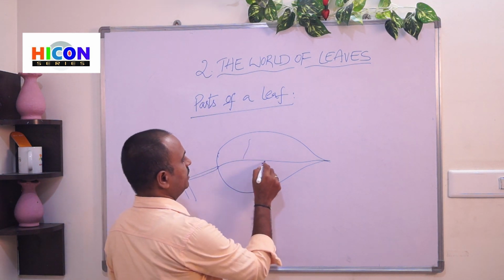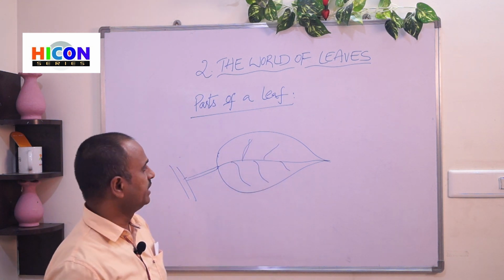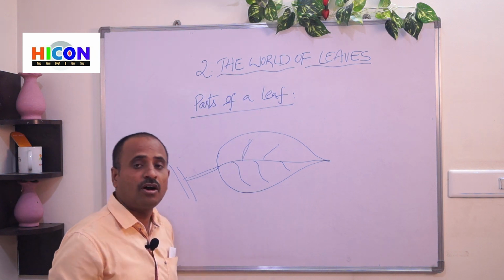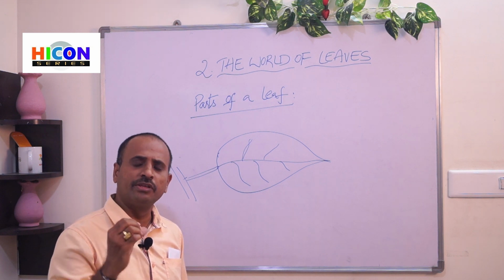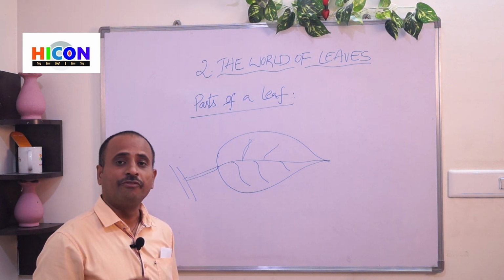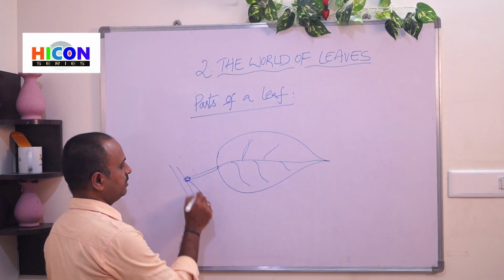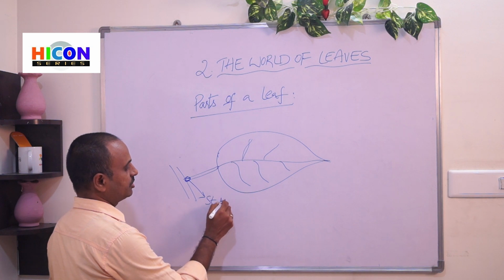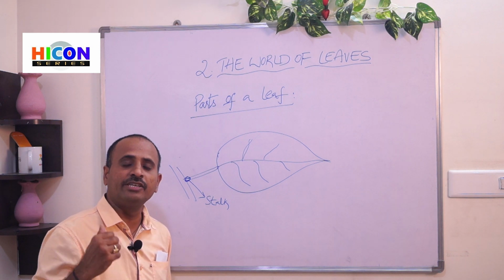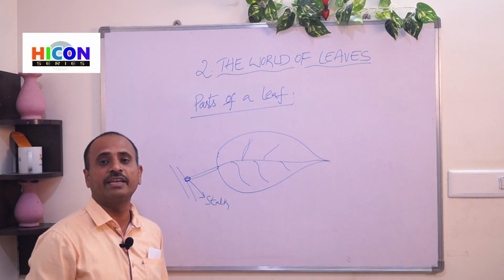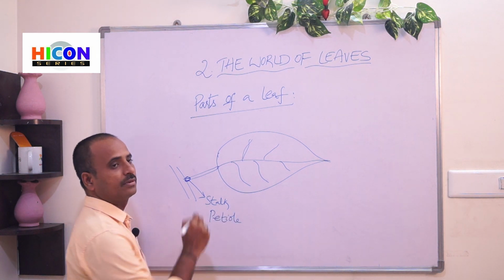So this is a leaf. Here the leaves are attached to the branches. Generally the leaves are attached to the branches. The part where the leaf is attached to the branch is called stalk, or it can also be called petiole.